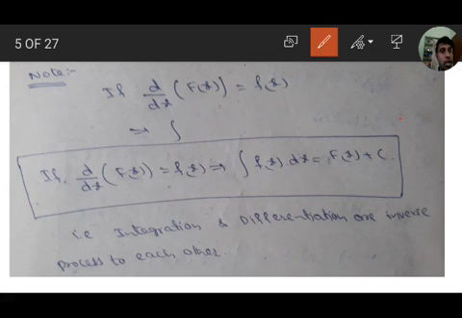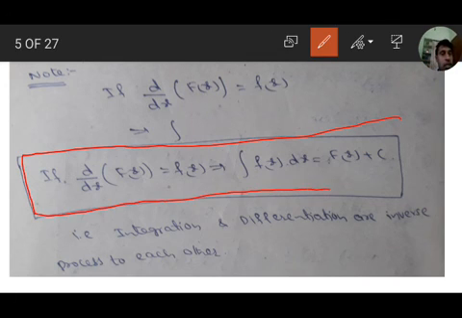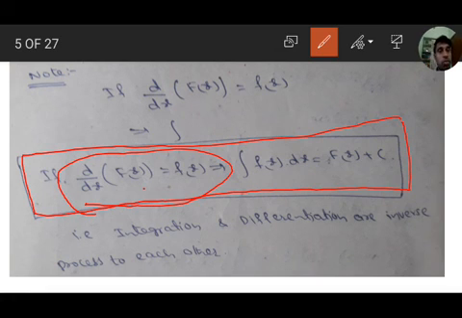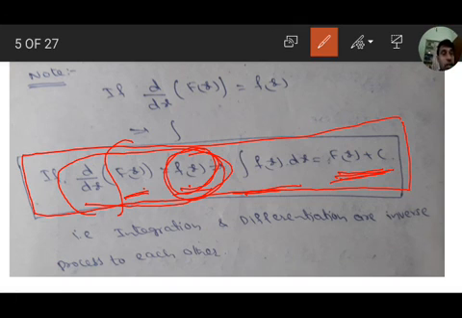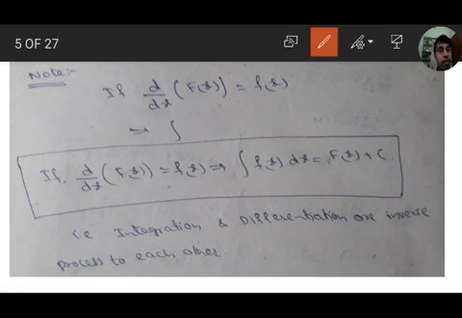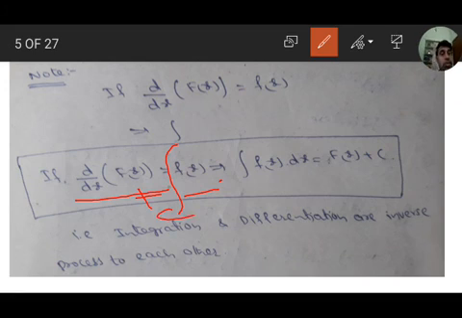Okay, please remember. If derivative of capital F of x equal to small f of x, then integration of small f of x dx equal to capital F of x plus c.